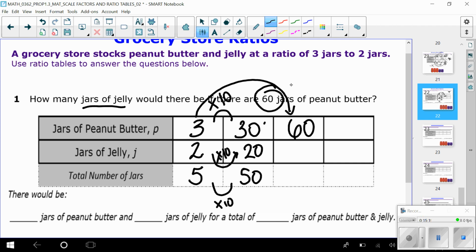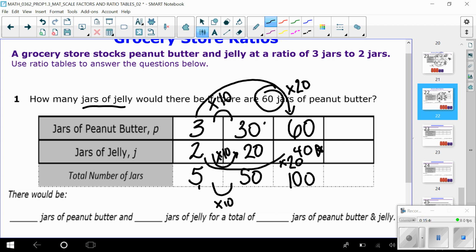Well, I know 3 times 20 is going to give me 60, right? And I know 2 times 20 is going to give me what? That's right, 40. So if I know that for 60 jars of peanut butter, I would have 40 jars of jelly. How many total jars would I have?